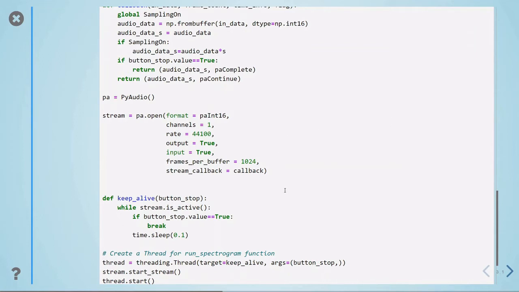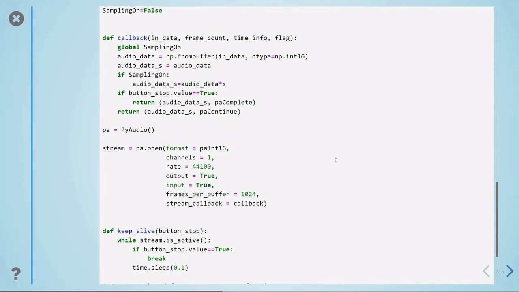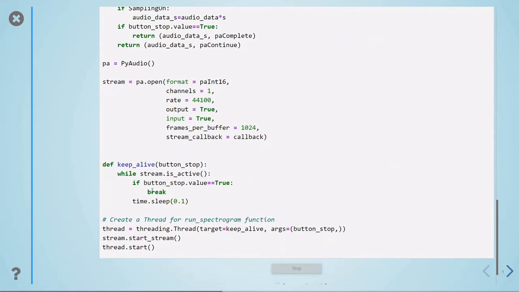While the stream is active, it just sleeps. I'm also including the stop here, so when we press stop, it also interrupts this infinite loop. Finally, I'm using a thread to run this keep-alive, because as we have an infinite loop here, I don't want it to block and prevent us from interacting with the graphical user interface.